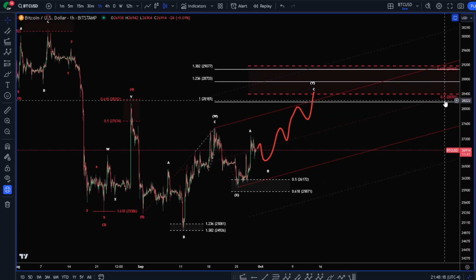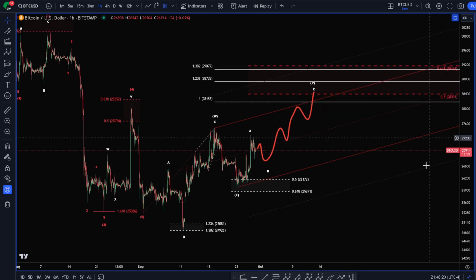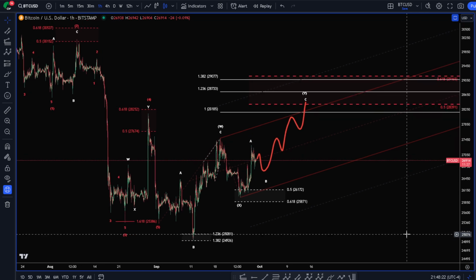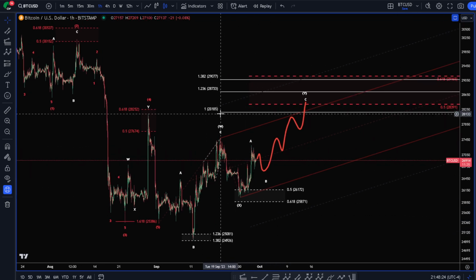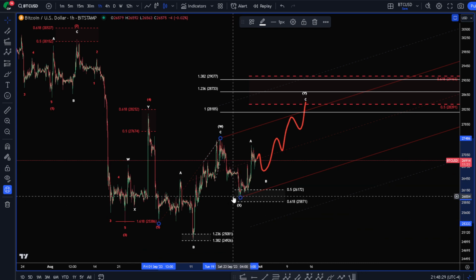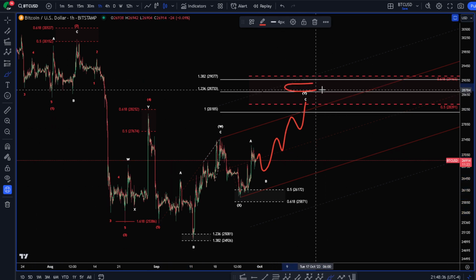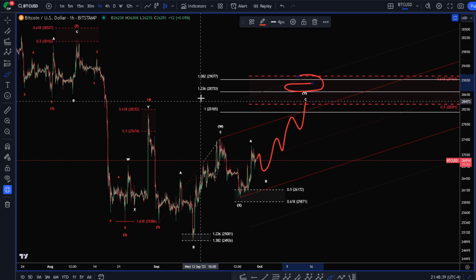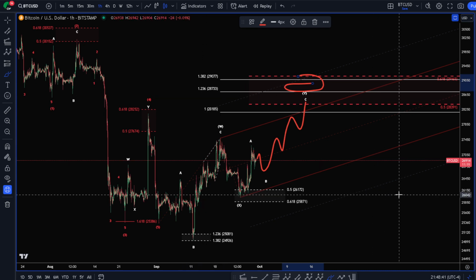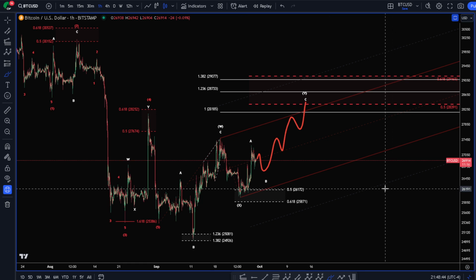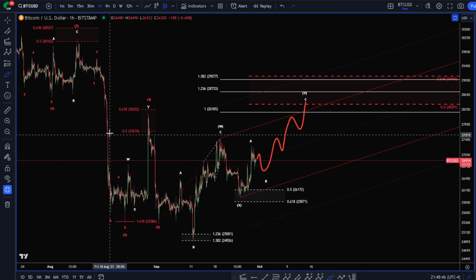So looking between 28,391 and 29,165 for the most probable area to pivot. Our 1-to-1 extension of our W wave off this X wave is 28,185. Comes up a little shy, but we might get up to between the 1.236 and 1.382 there at 28,733, 29,077. So looking for this to fill out.